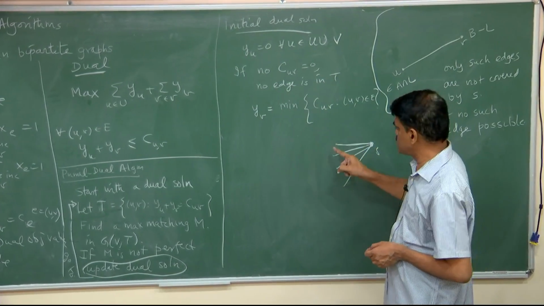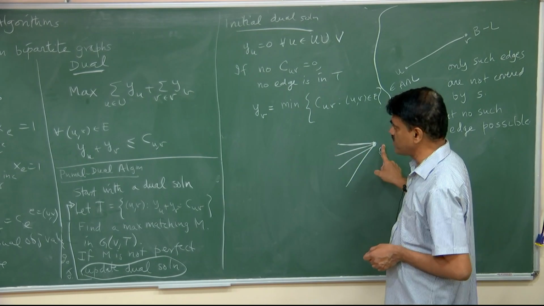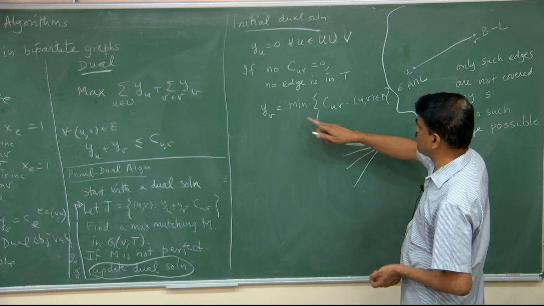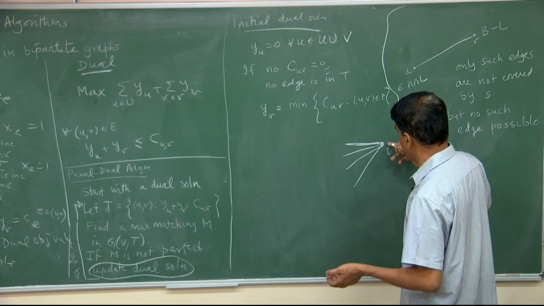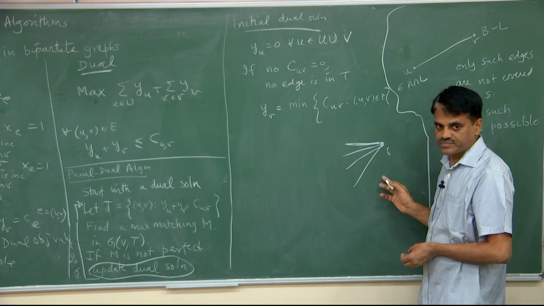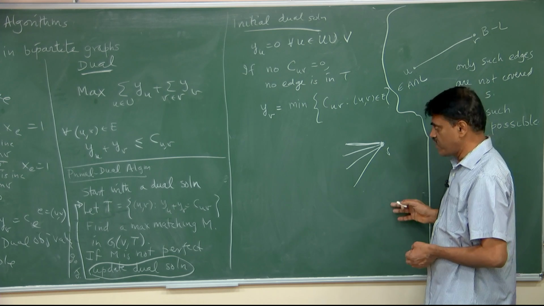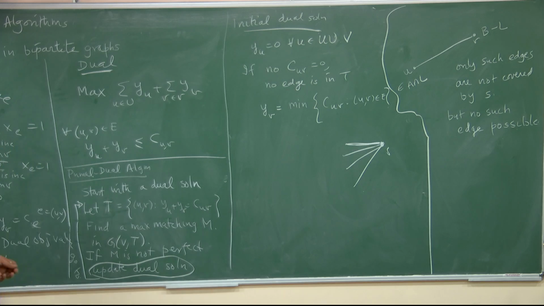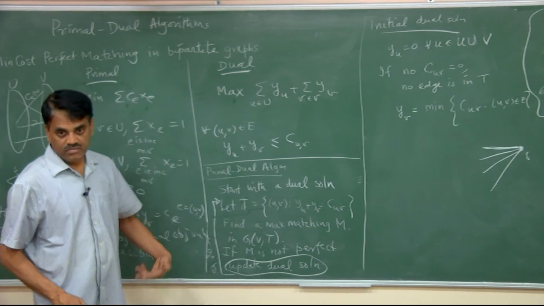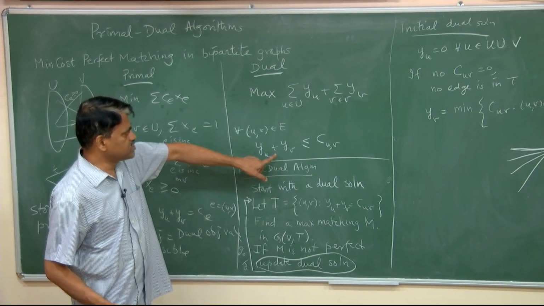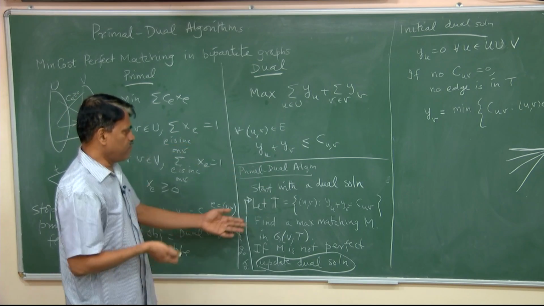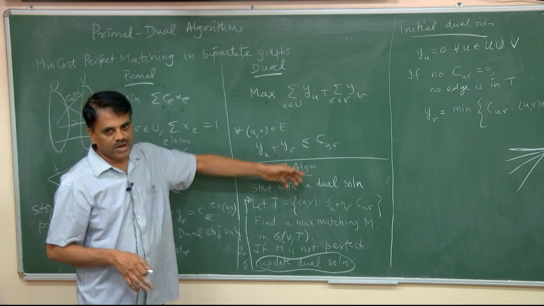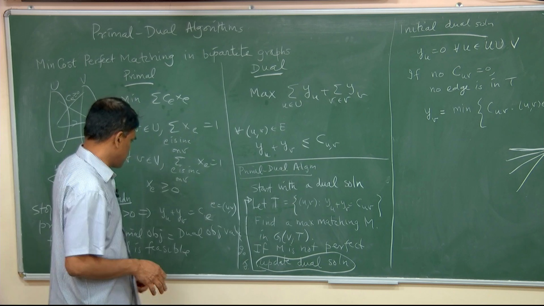I am not changing that. So 0 plus this is equal to y_v. So this edge would become tight now. Okay, so once I modify my y_v, in fact, for every vertex there will be some edge which will become tight. For every vertex of V, when I change my y_v to this, I will still maintain dual feasibility, right? This is my constraint, so everything is met. Now for every vertex, the min guy, because the y's are 0, that edge will become tight, so my T will come into focus here.